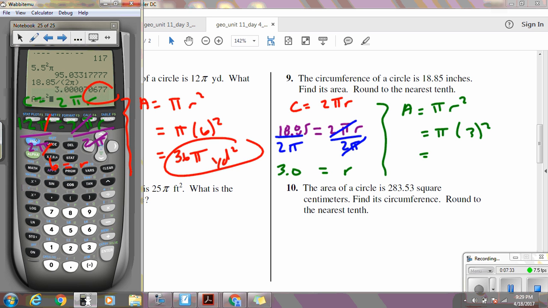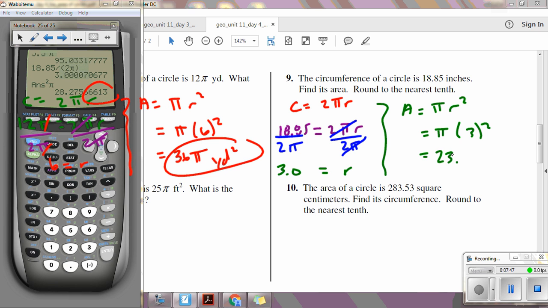And then times pi. Since it's already in the calculator, it'll be more accurate that way. For my area to the nearest tenth, it's about 28.3. Oops, 28.3 inches squared.